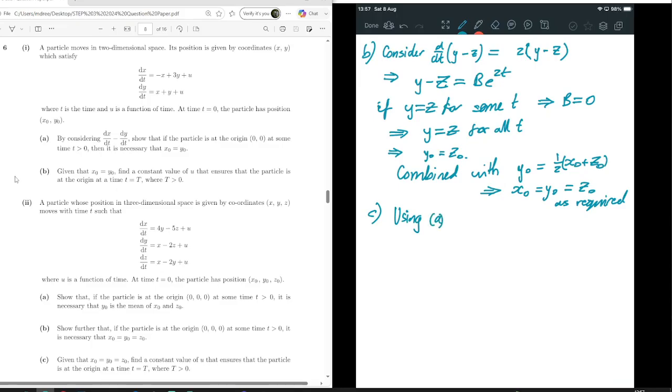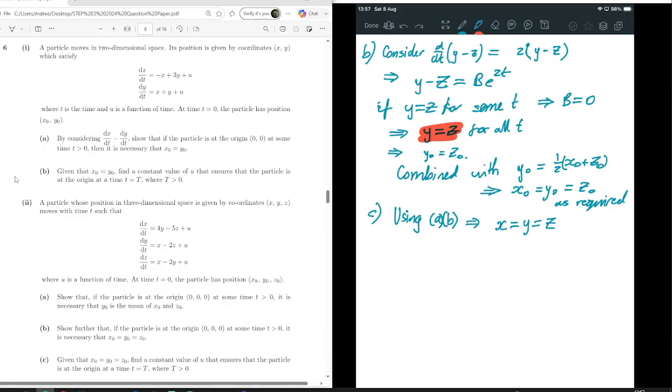part A and B, we have that the functions x equals y equals z, because I have that at this condition here. I still have they are equal for some t. Now we know they're equal when t equals 0.